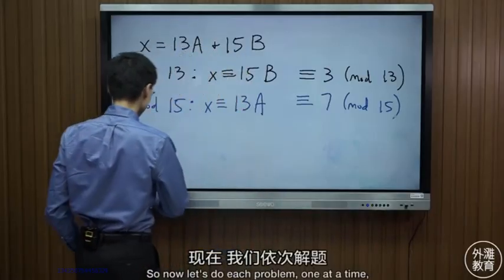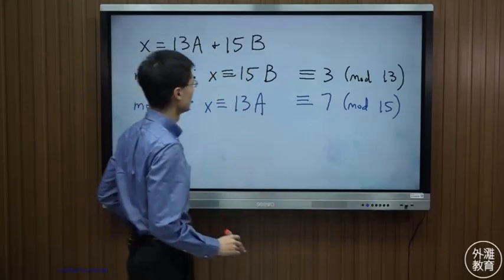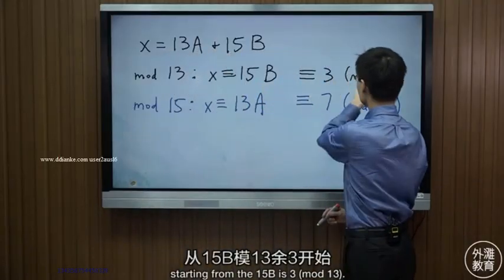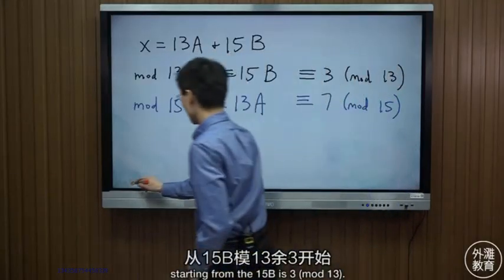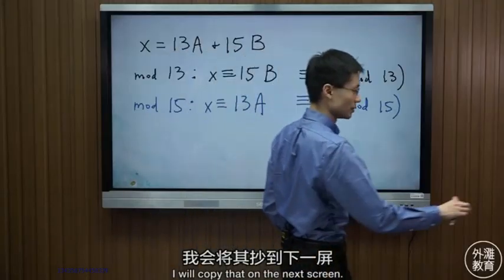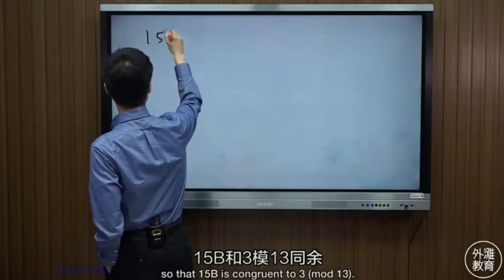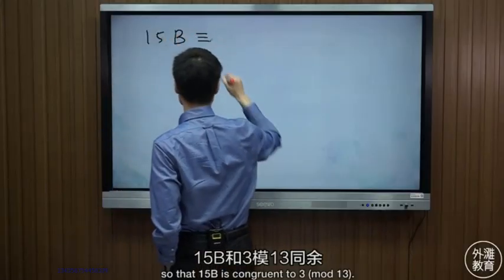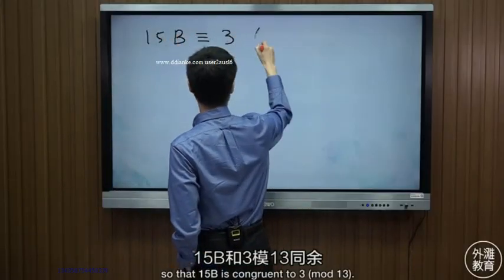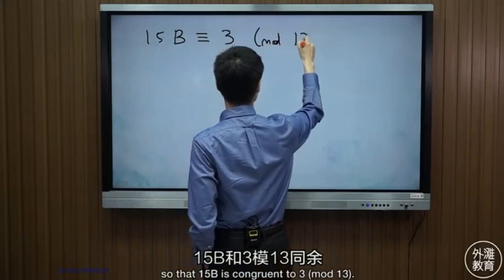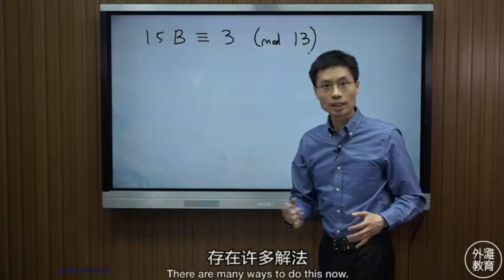So now let's do each problem one at a time. Start with 15b is 3 mod 13. I will copy that on the next screen. I must find b so that 15b is congruent to 3 mod 13. There are many ways to do this.